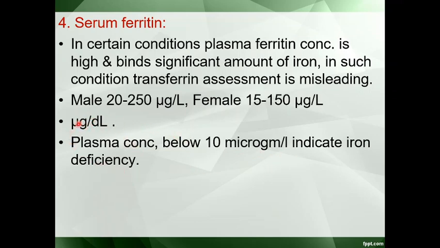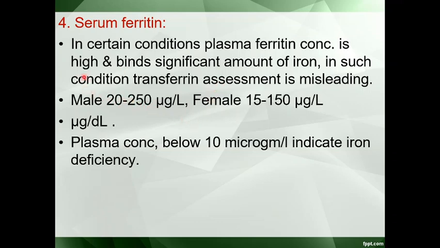So ferritin is a stored form of iron, as you have seen in the first lecture. Ferritin then complexes with one another and forms hemosiderin, and both of them are the storage form of iron. So if the plasma ferritin concentration is high and binds a significant amount of iron, in this condition the transferrin assessment will not be correct.